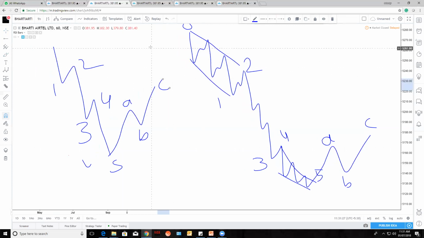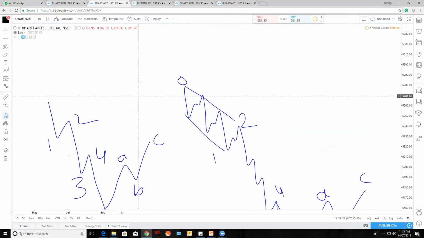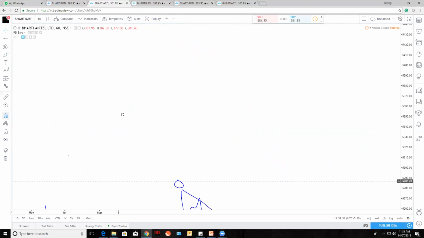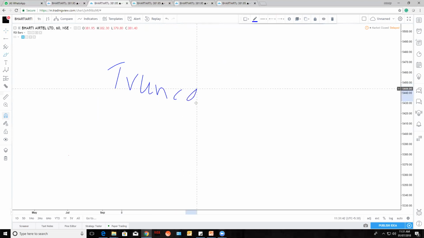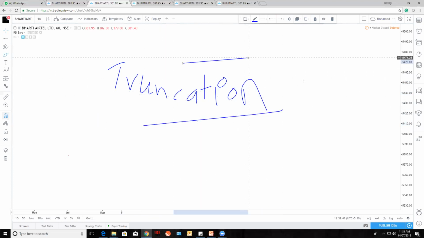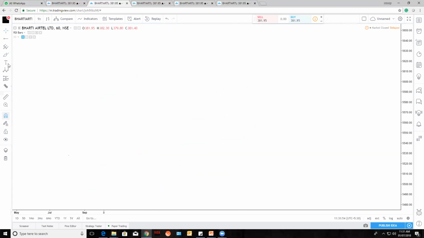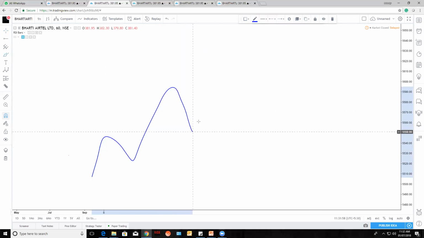Before going to the corrective part, let me explain truncation and extensions. What is truncation? Let me explain once again with the wave itself. Let's say this is 1, 2, 3, 4, and 5.